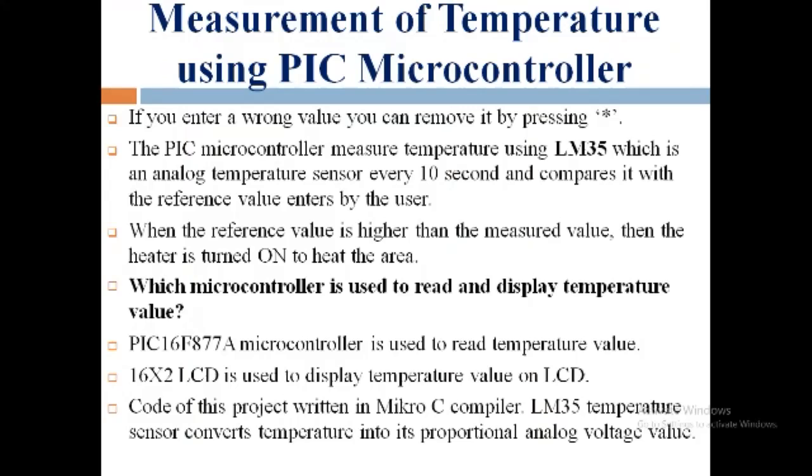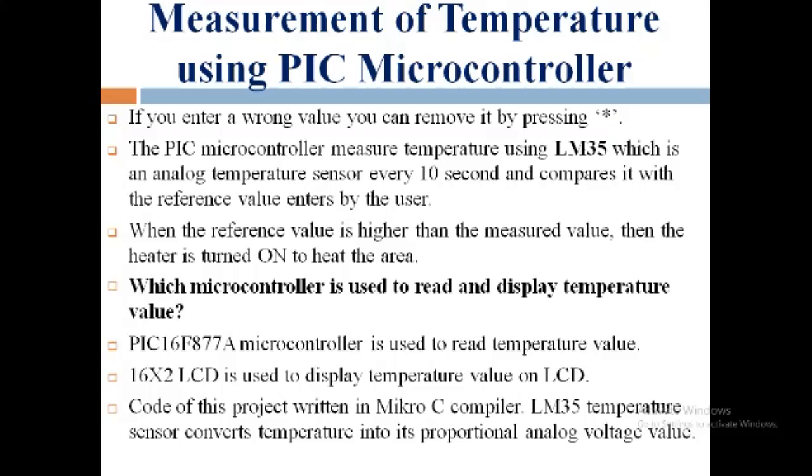The PIC microcontroller measures temperature using the LM35 temperature sensor, which is an analog temperature sensor, every 10 seconds, and compares it with the reference value entered by the user. When the reference value is higher than the measured value, then the heater is turned on to heat the area.